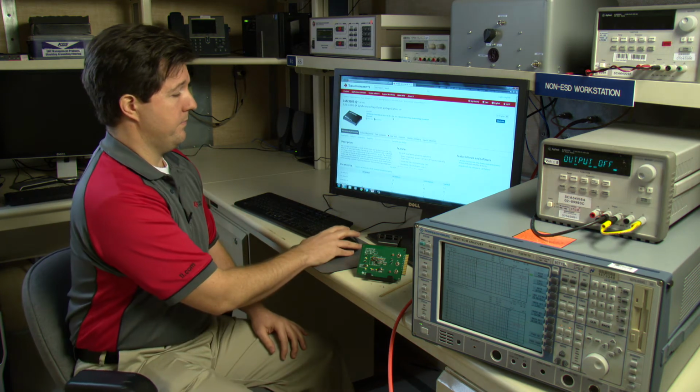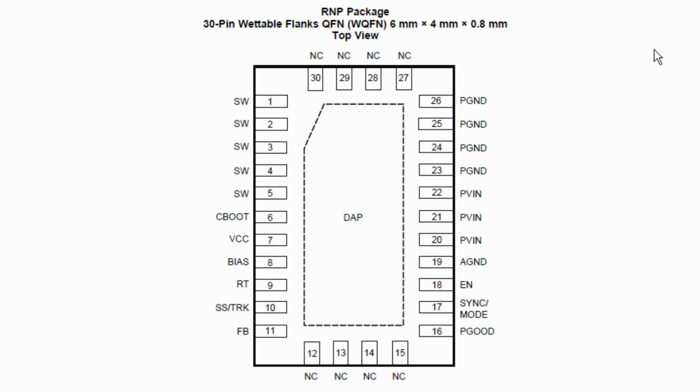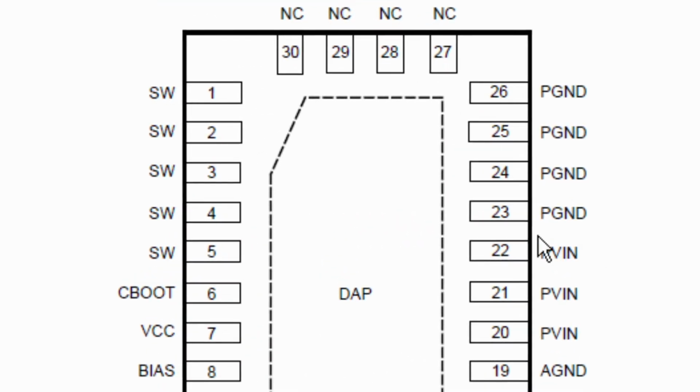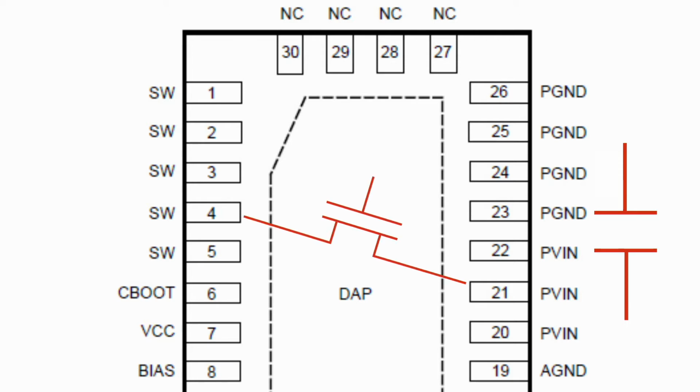So from what we were talking about, the input voltage and the ground need to be well bypassed. On this part, we have PVIN and PGND. That's where we want to get our capacitor as close as possible. The rest of the loop is created by a high side FET, which connects VIN to switch, and a low side FET, which connects the switch to ground.